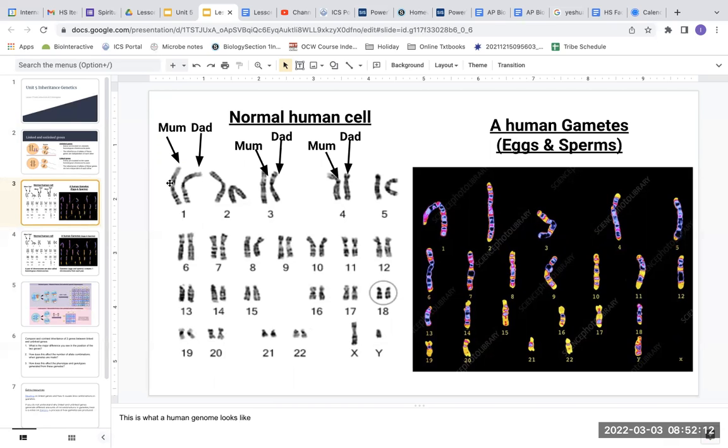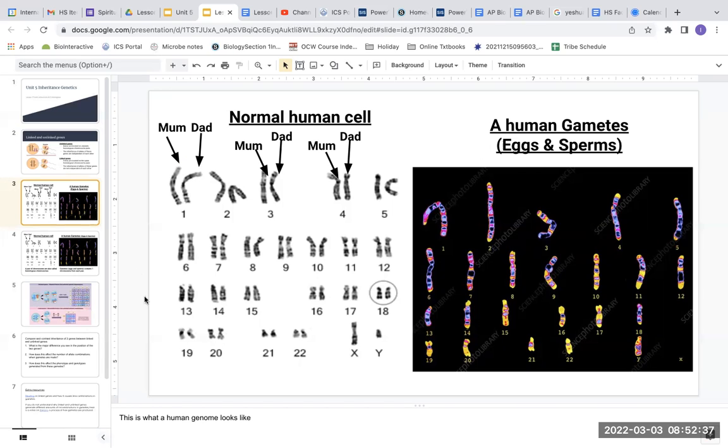So remember, your homologous pair of chromosomes actually comes from your parents, one each. One of these would come from your mother, and one of these will be coming from your dad. And how does that work? Because in your human gametes, in the eggs and the sperms, the eggs will only contain half of the chromosomes that a normal human cell has.